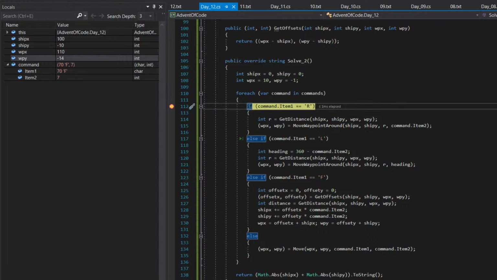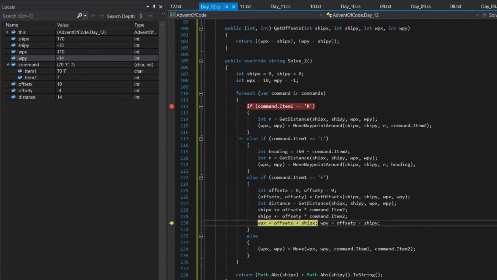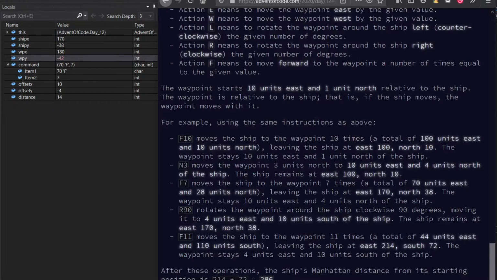What do we do? We're now moving forward 7. So our... F7 moves the ship to the waypoint 7 times, a total of 70 units east and 28 units north.